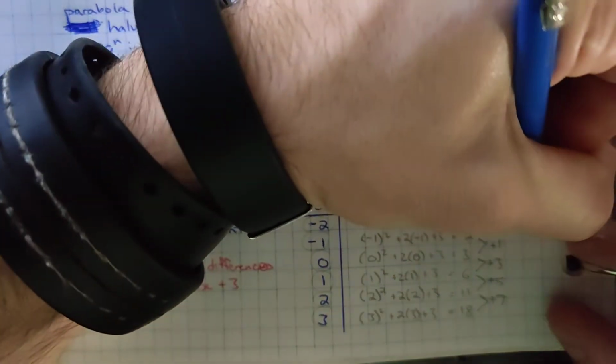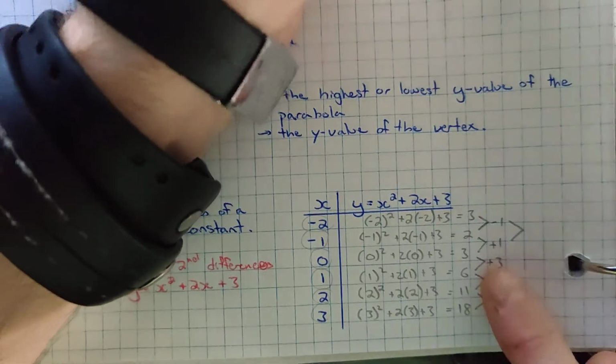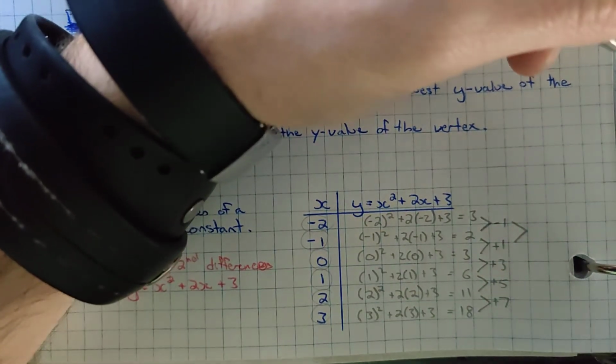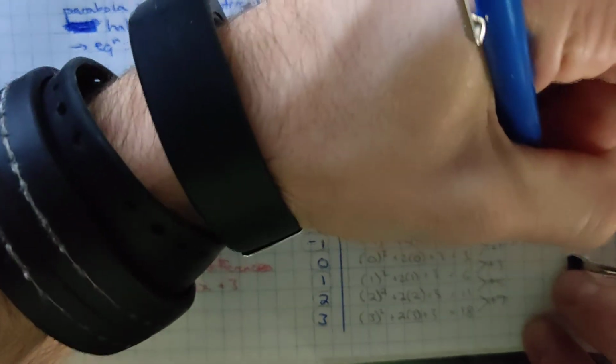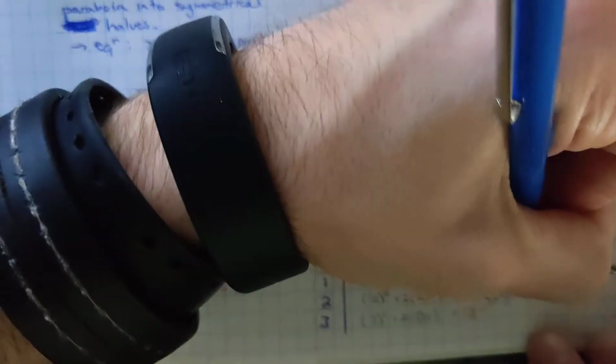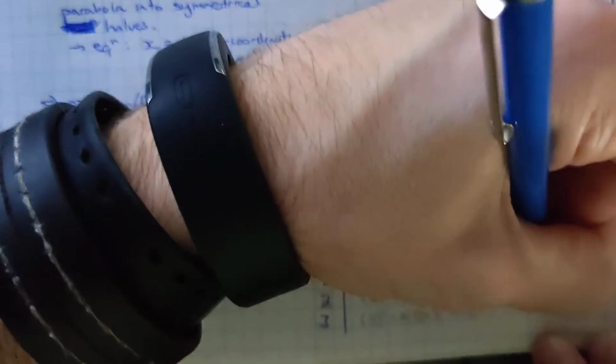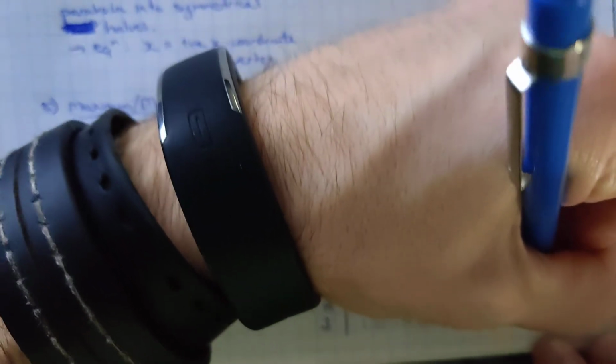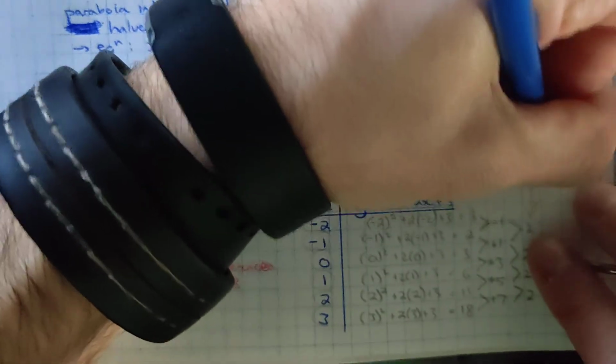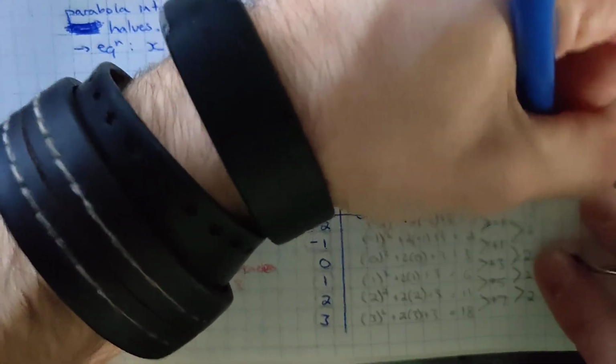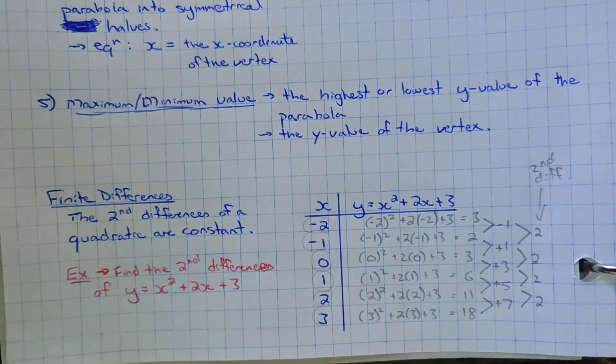But if we go and take the second differences, from -1 to +1, we're going up by 2. If we go from 1 to 3, we're going up by 2. If we go from 3 to 5, as well, we're going up by 2, and from 5 to 7, we're going up by 2. These here are the second differences.